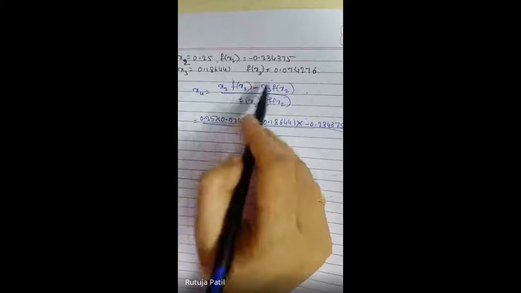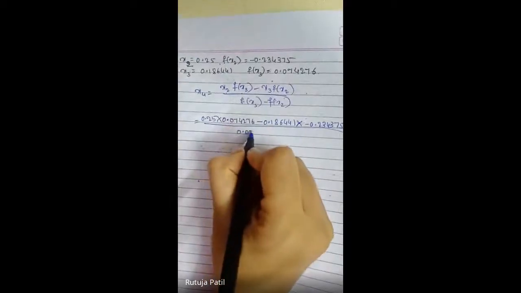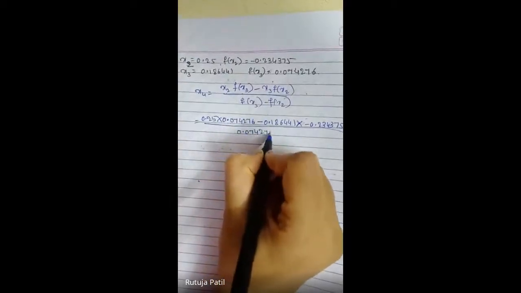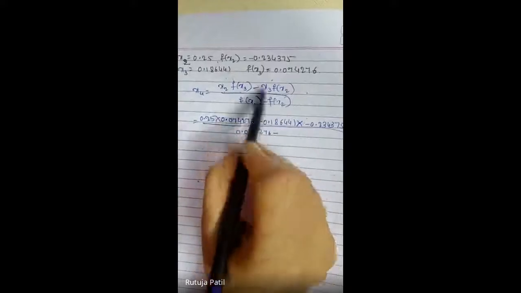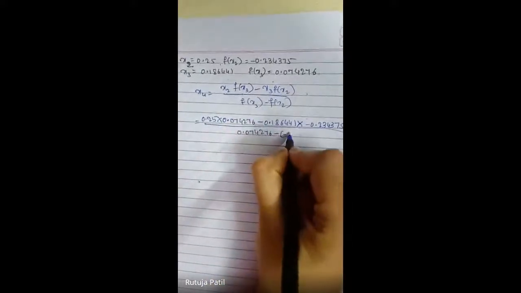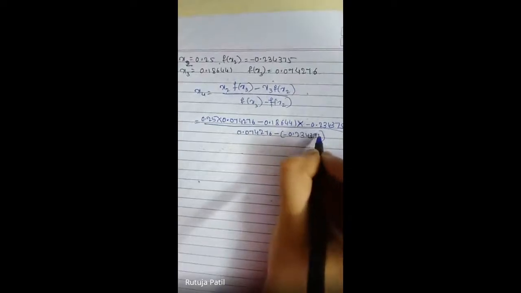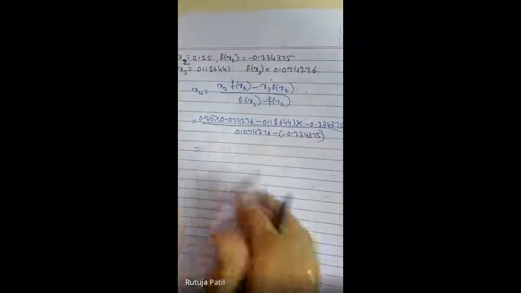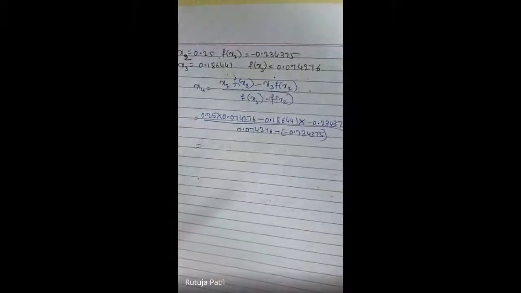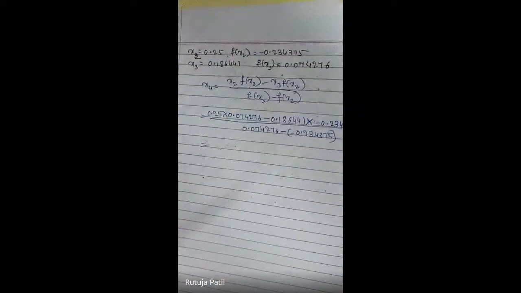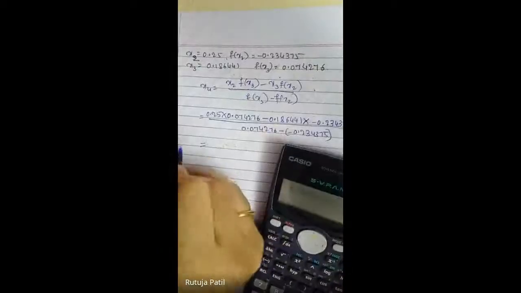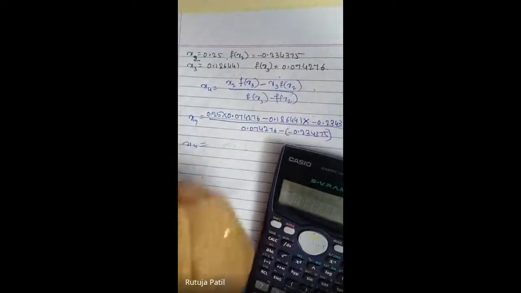So divided by f of x3, 0.074276, minus f of x2, minus 0.234375. All right. Now we need to calculate this and we should get the x4 value. This is nothing but x4, right?